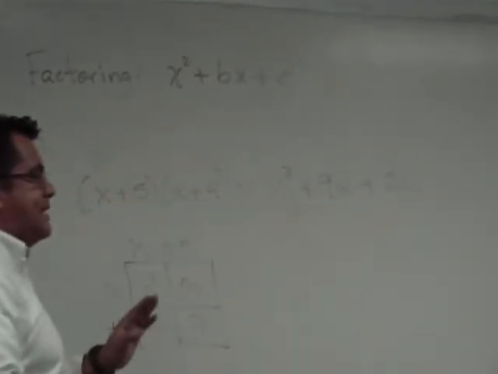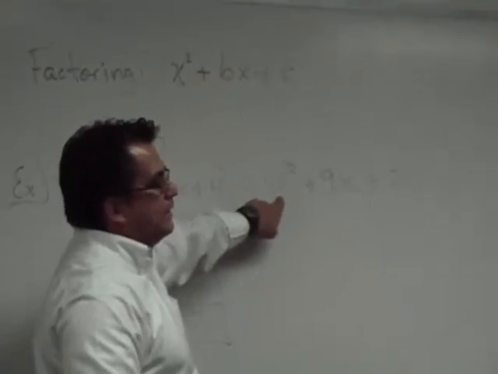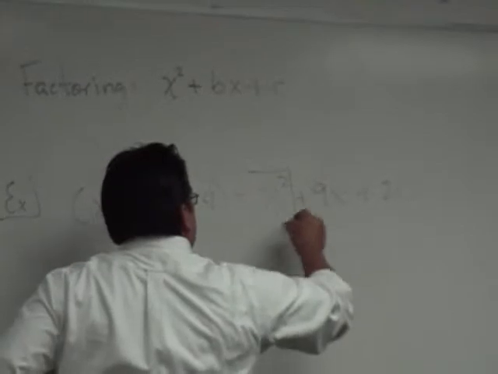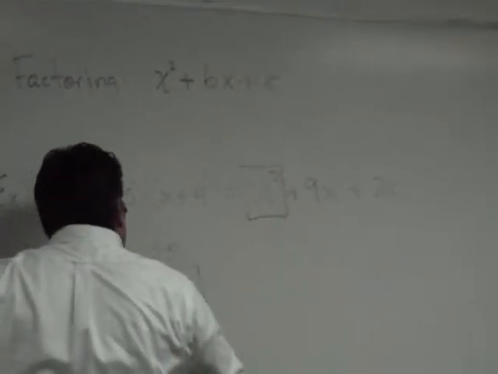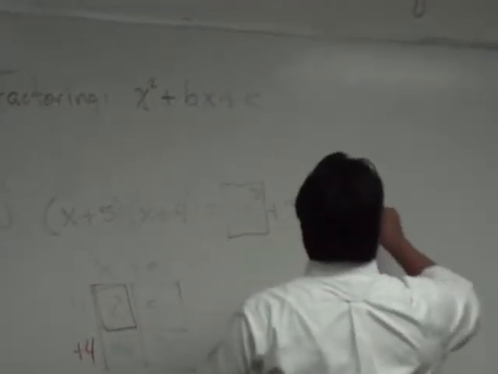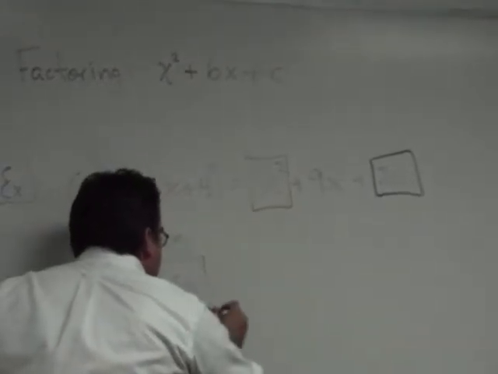The easiest one to identify is, where will this first term always come from? From the first box. And where will the last term come from? The last box. Those are the easy ones to place in the box.